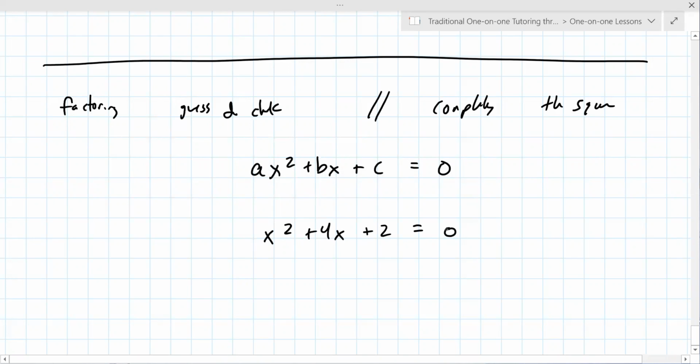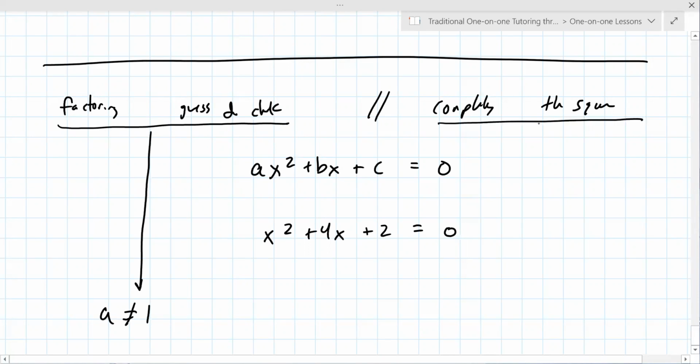Now, to help here, the factoring guess and check will most likely be an A that does not equal 1. And completing the square will be one where the A does equal 1, most likely.